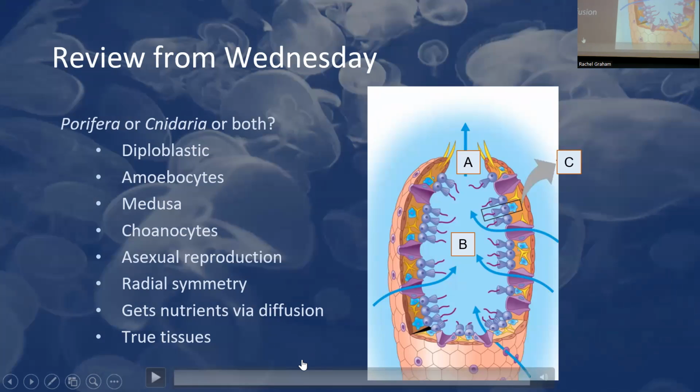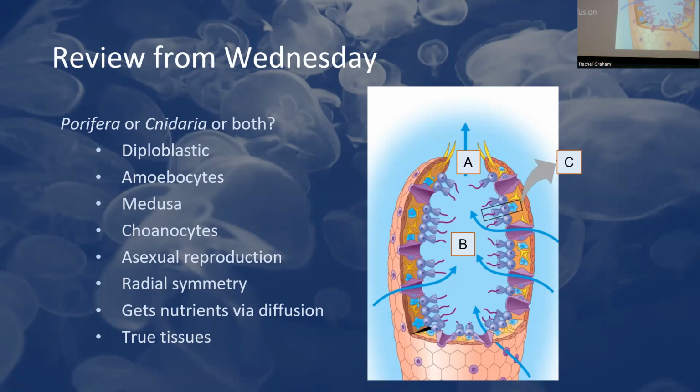Okay. The video stopped, so we're gonna go over this. Porifera, Cnidaria, or both? Diploblastic. Both. Amoebocytes. We're good on the first one. Porifera. Medusa. Cnidaria. Melanocytes. Porifera.